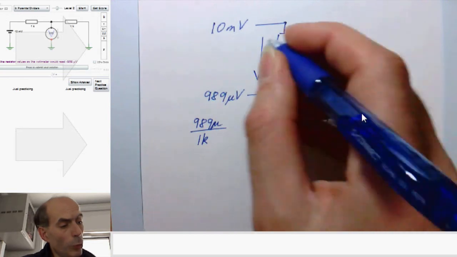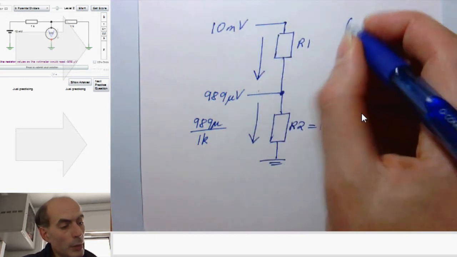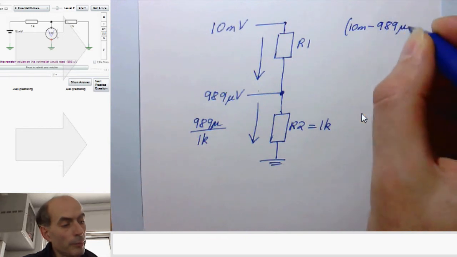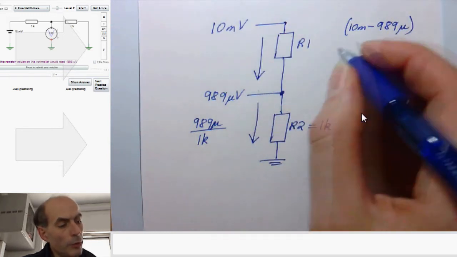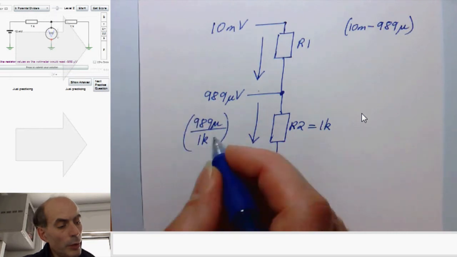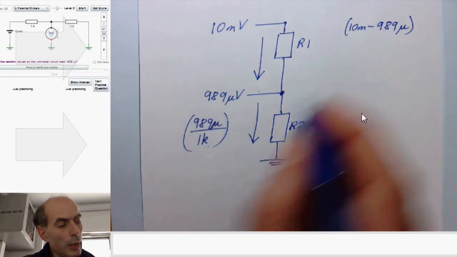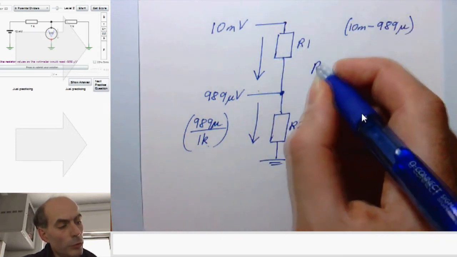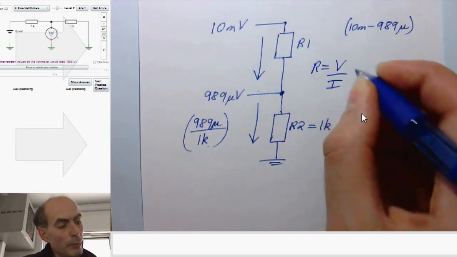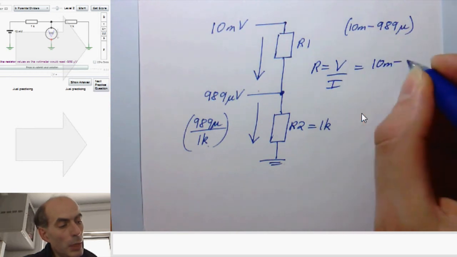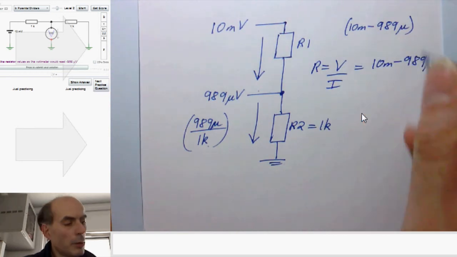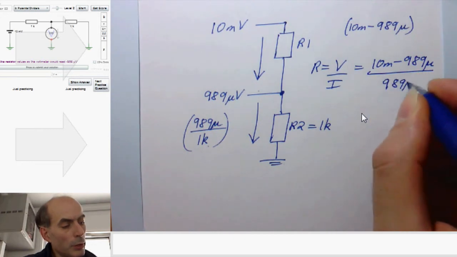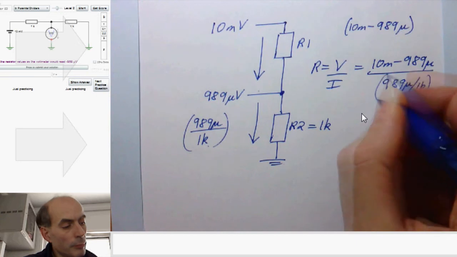So the voltage across this resistor here is 10 milli minus 989 microvolts, and the current through it is 989 microvolts over 1K, so the resistance there must just be equal to V over I, which is 10 milli minus 989 micro divided by the current, 989 micro divided by 1K.